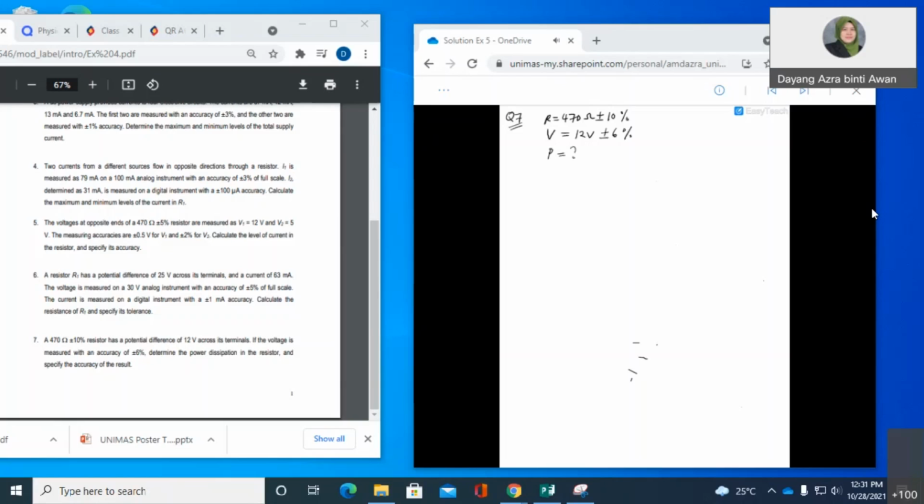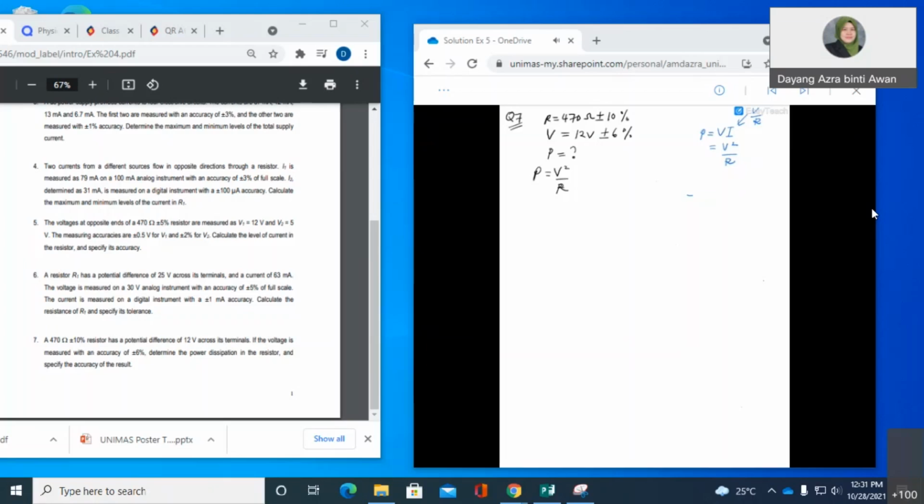So you need to find the power. From here you can find the value by using Ohm's law. We all know that P equals VI. Since you are not given the value of I, by using V divided by R from Ohm's law, P equals V squared divided by R. So by using the formula P equals V squared divided by R, you can see that here we have quotient quantities.